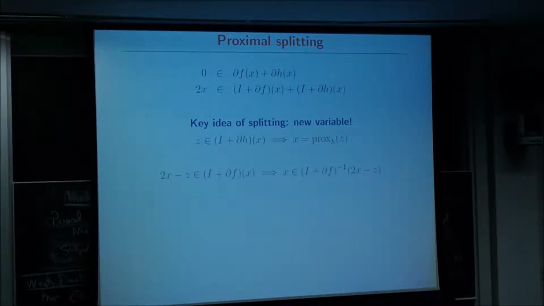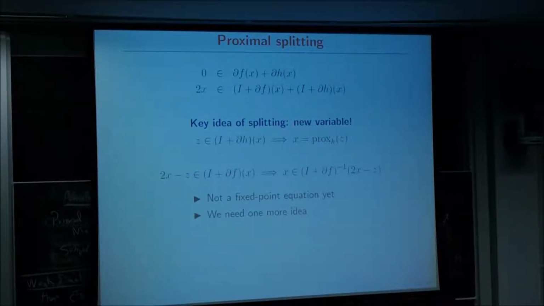So that means x looks like the prox of 2x minus z, but you have both x and z on the right and x on the left, so it's not quite yet in the form. I should have written that equal to, sorry, not includes, but it's not a fixed point equation yet. So we need one more idea.